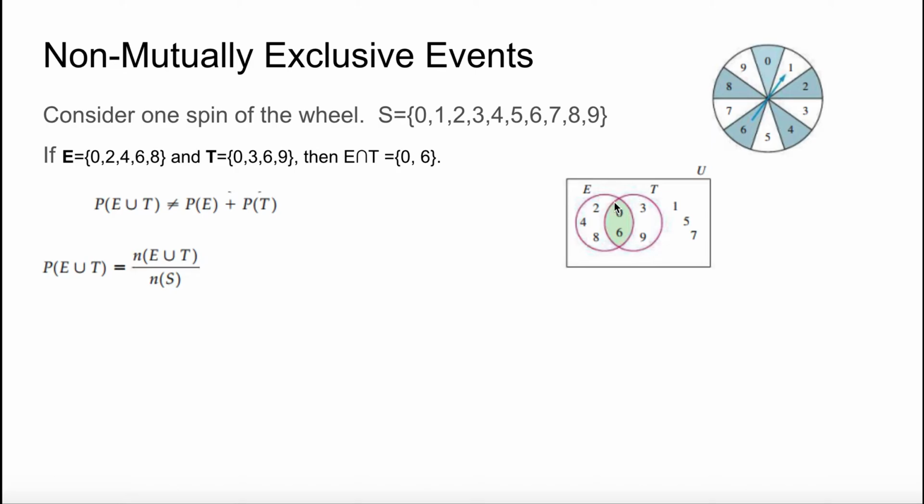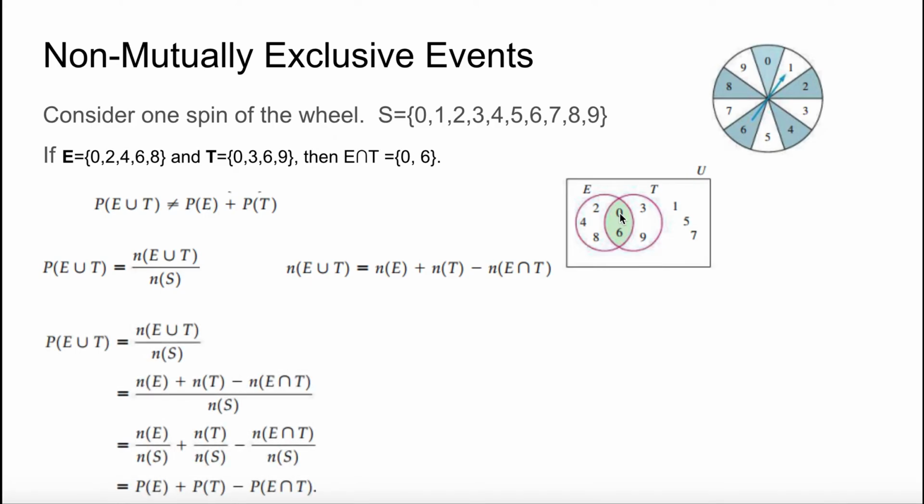Well, when you're counting E, we count 6 and 0 there, but when you're counting T, they are counted again. Since the overlapping part, the intersection part, is counted twice, you need to take that many out, right? So the number of elements in the union of E and T should be the number of elements in E plus the number of elements in T, and you need to take away the number of elements in the intersection part because we counted this twice. Once you know that, it's easy, right?